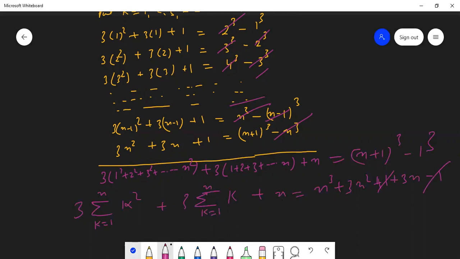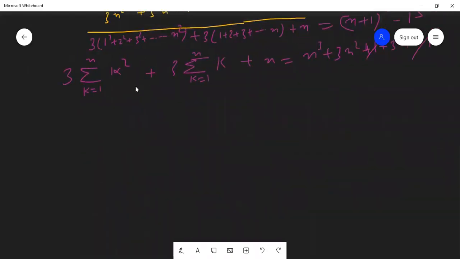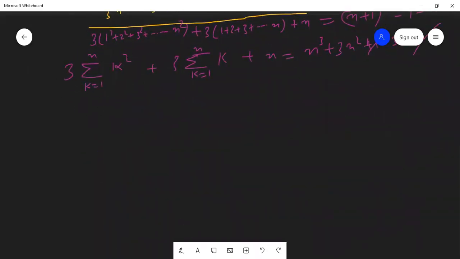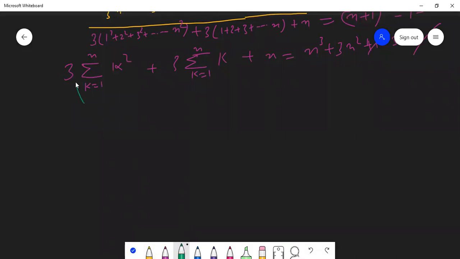And now, we are interested in this quantity. All right. So we will keep this on the left hand side and we will proceed.